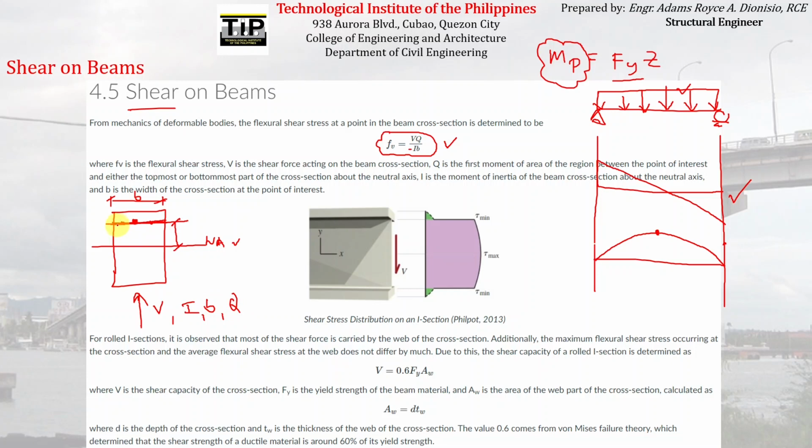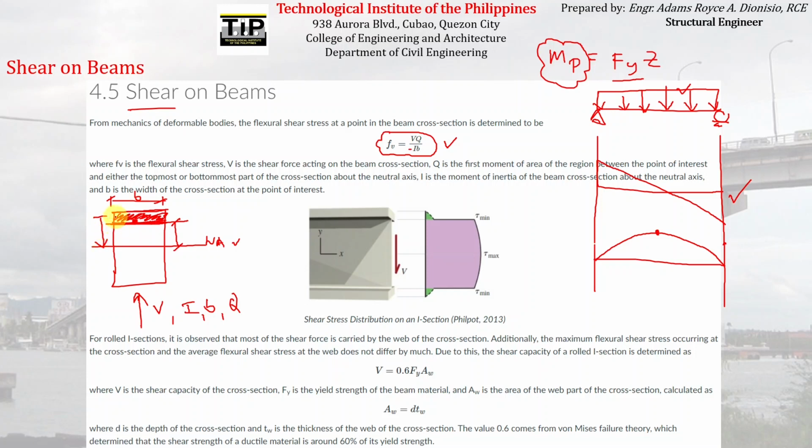And then lastly, Q is the statical moment of area, which is just the moment of the area between this line and the nearest extreme fiber. On this particular point, since this is the line that we are concerned with, and the nearest extreme fiber is this, the area that we will be considering is this. So all we need to do is get the moment of this area with respect to the neutral axis.